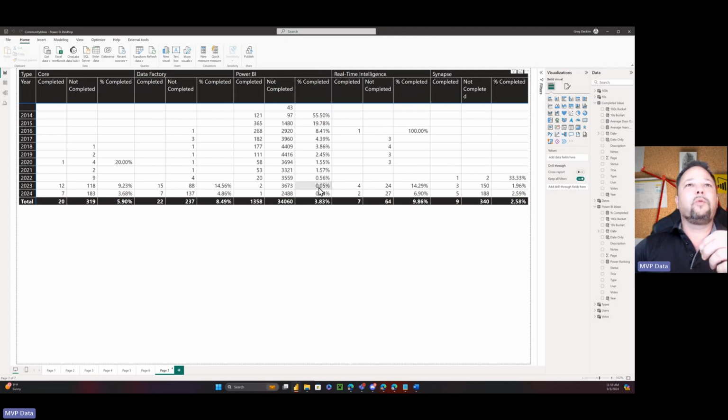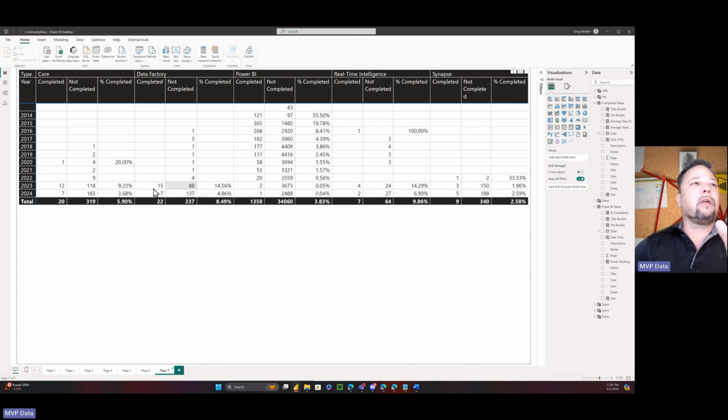And that's the same for 2023, 0.05. And you can see the dramatic drop off getting into 2022, which is basically where you're starting to have the precursors of what we call Fabric today, right? And then the announcement in 2023, and then now obviously 2024, you see the dramatic decline in the percent completion rate.